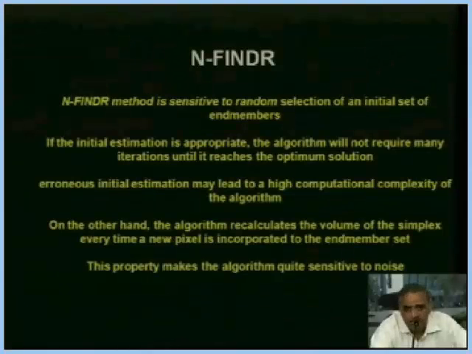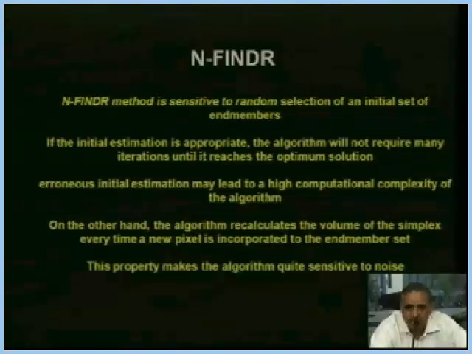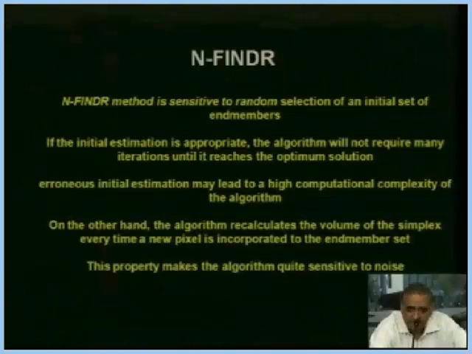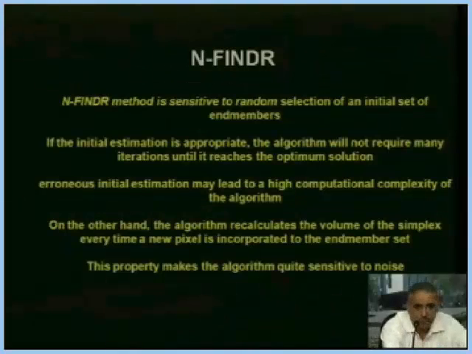If the initial selection is inappropriate, then it may take a very long time and high computational time will be required. If the initial selection set is proper, then it will reach an optimum solution in short time. But N-FINDR is sensitive to noise.